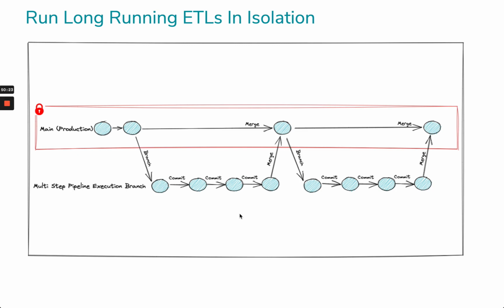So, come again, if I have my main branch, which is protected and secure, I can have my ETL running, and this is a process you can automate because of the clients that enable us to automate these. I can automate branching out.